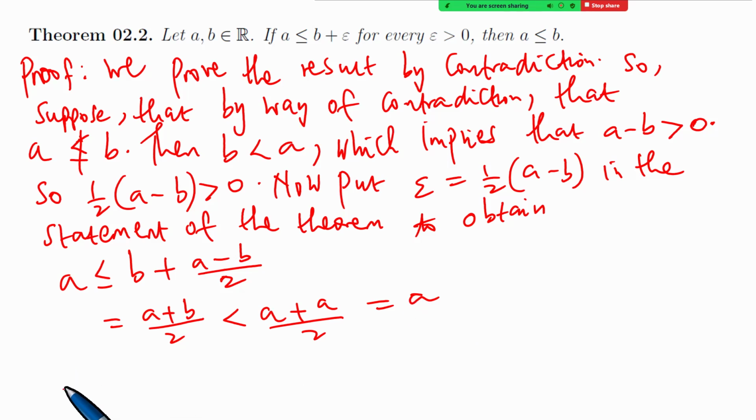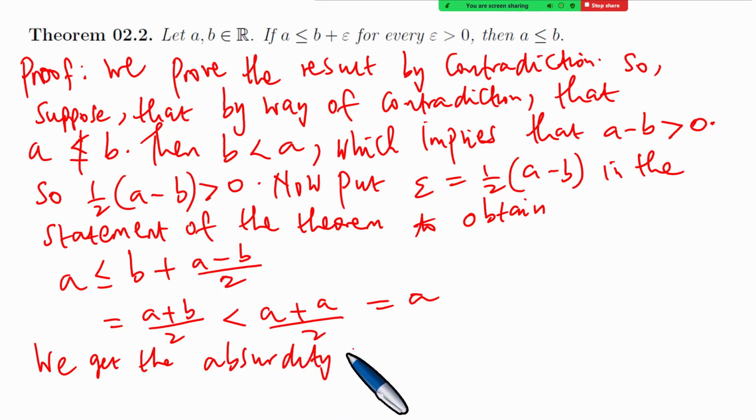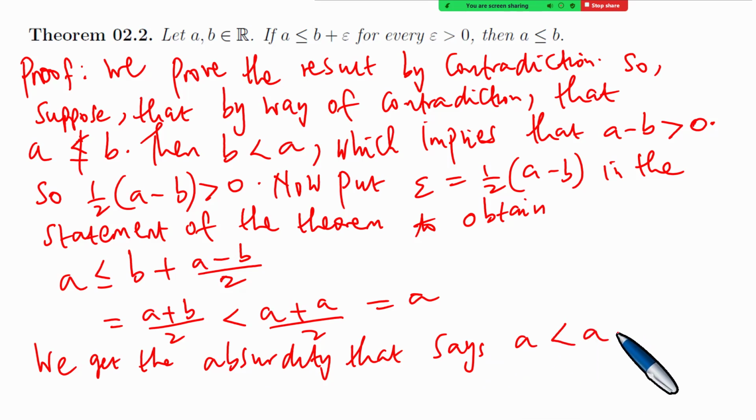And this is very interesting. We get the absurdity. That says A is less than A. Okay, this means A is smaller than A. But this we know is false.